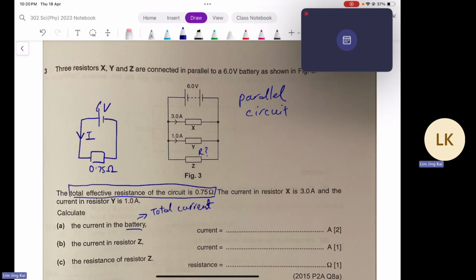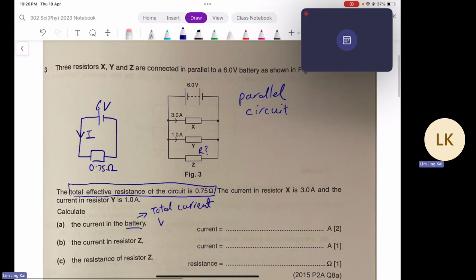From here, we know that the formula we need to use is V equals IR. Where I need to find the current, I equals V over R, which will imply that my current equals 6 divided by 0.75 ohms.